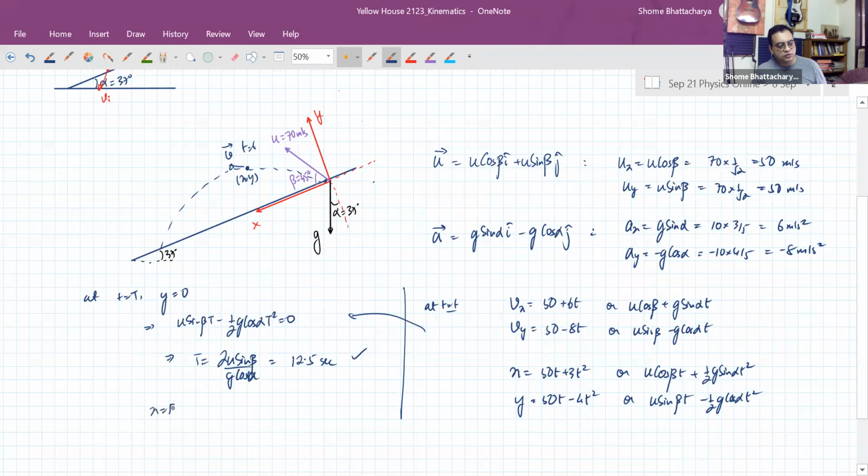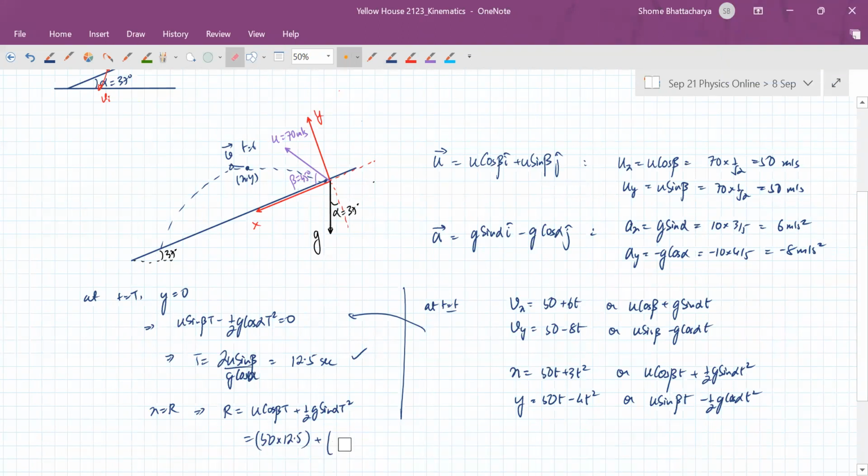The x coordinate is equal to the range. So that's the total time of flight.